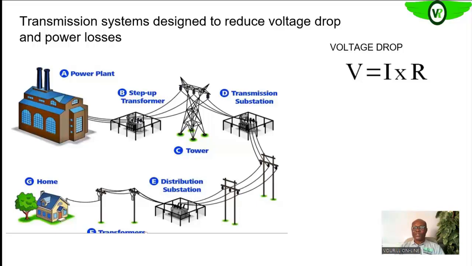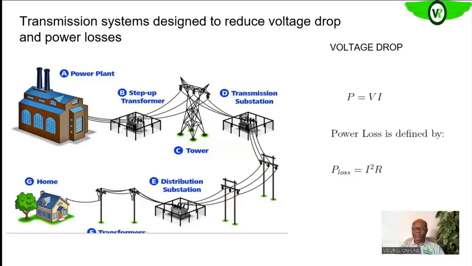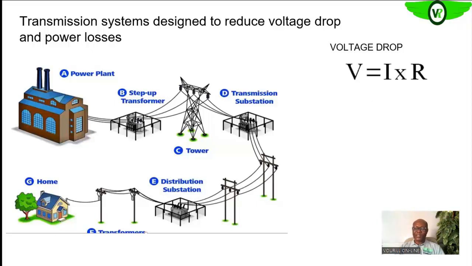Okay, so how do we minimize that voltage drop so that we will not have reduced voltage at the other end of the power system? It is very simple. There we have the formula V is equal to IR.